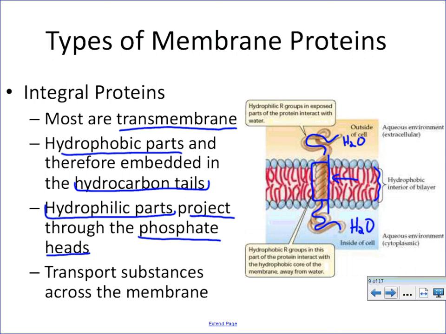One of the roles of integral proteins is that they can help transport substances across the membrane. There can be an opening through the middle of the protein that can allow substances to move from the outside of the cell to the inside, or from the inside of the cell to the outside.